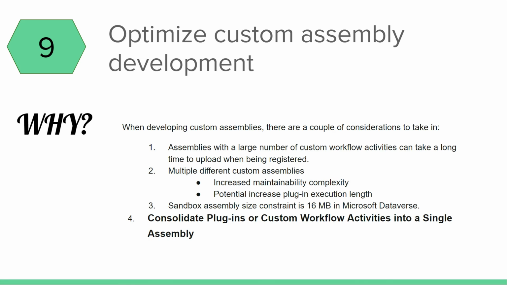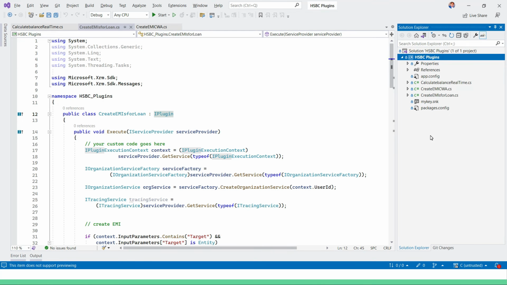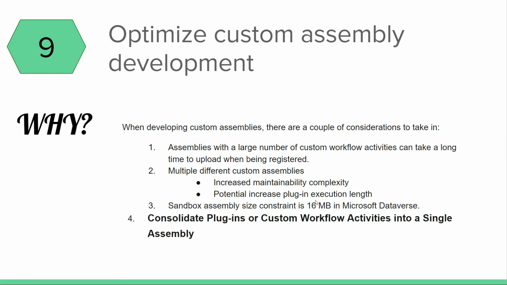For example, in our previous best practice, manage plugins in one single solution, you have followed this best practice, but in your solution you have added so many plugins and custom workflows that the size becomes more than 16 MB. Then it will show an error. So the sandbox assembly size must be within 16 MB. If it is more than 16 MB, create another custom assembly. Otherwise it will show an error.